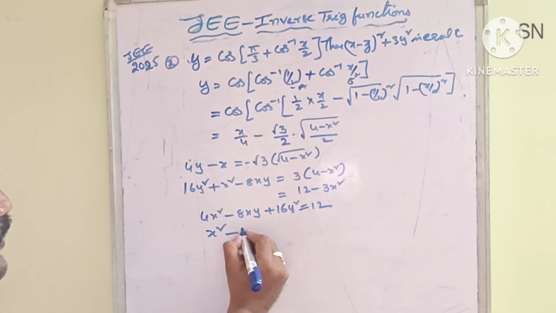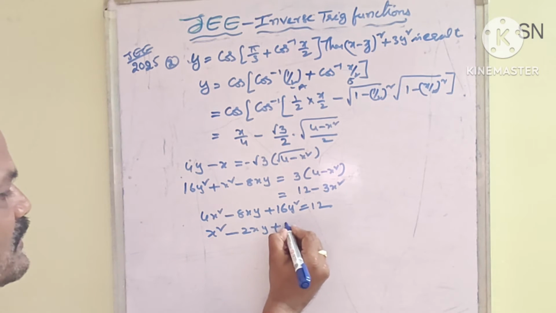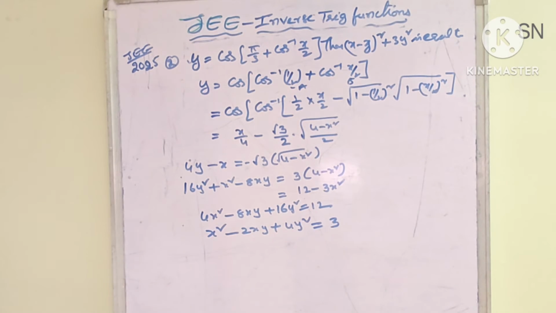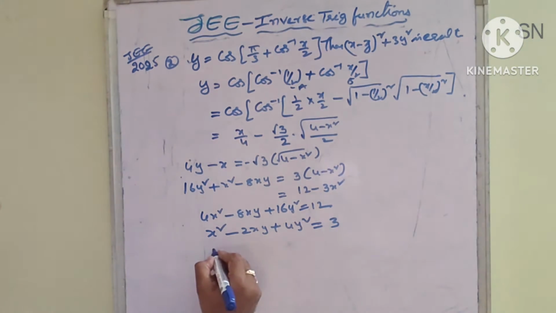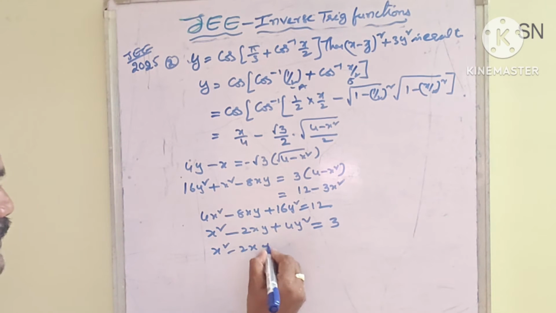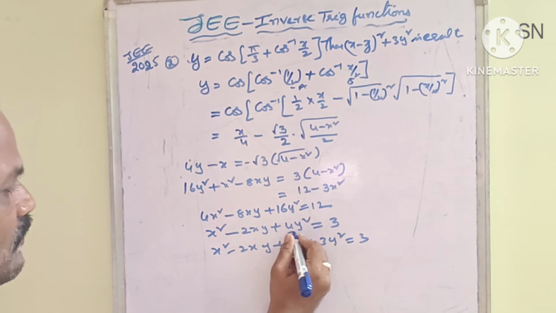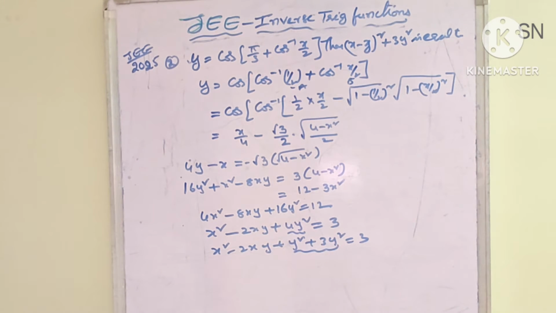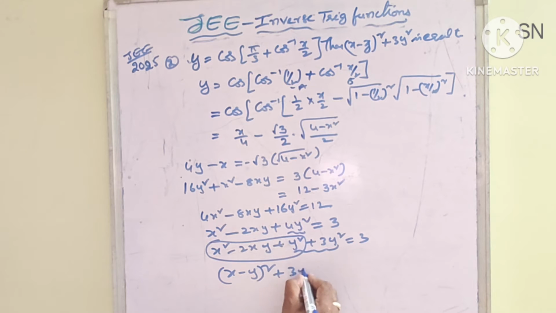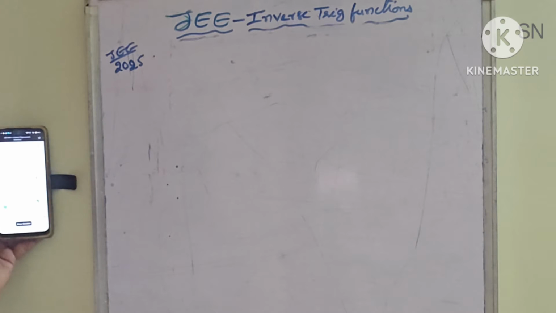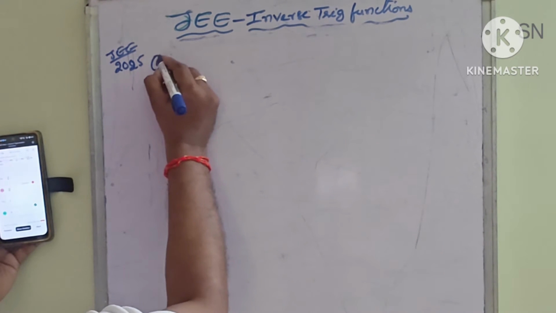Now x square minus 2xy plus 4y square is equal to 3. 4 ones, 4 threes. Now here x square minus 2xy plus y square plus 3y square is equal to 3. So in this formula, x minus y whole square plus 3y square is equal to 3. The answer is 3. So JEE 2025, one more model.